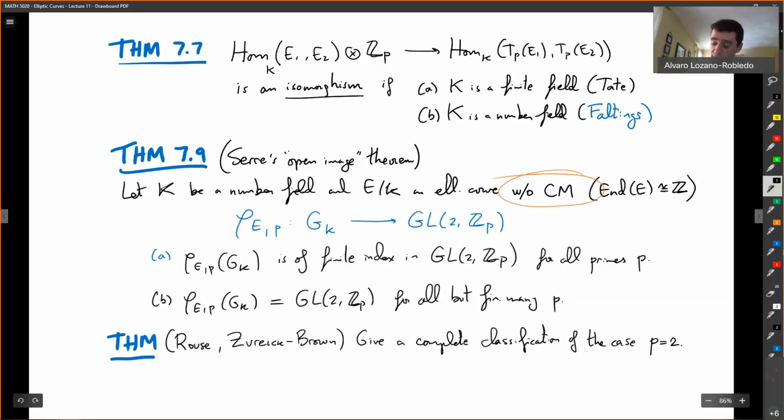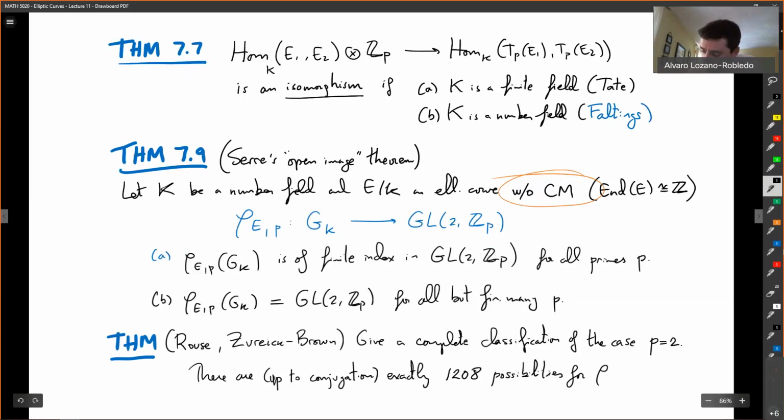What this means is that there are, up to conjugation, exactly 1,208 possibilities for the two-adic image of the Galois representation over Q. This is a complete classification of the case p equals 2 for K equals Q when there is no CM.